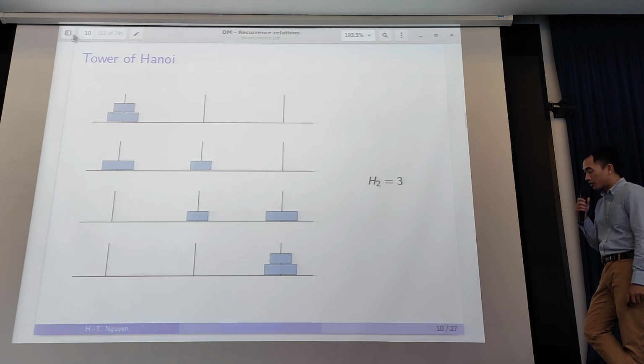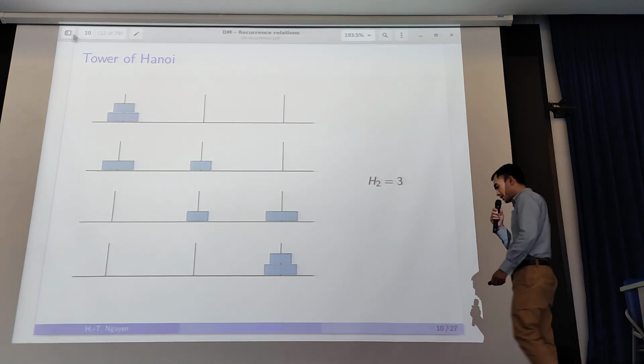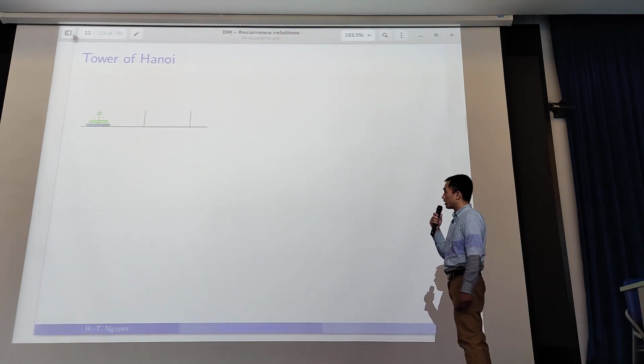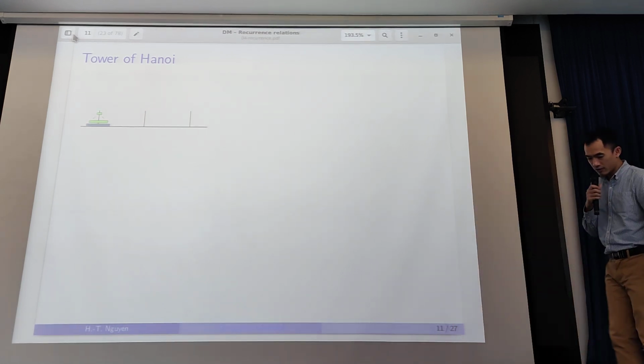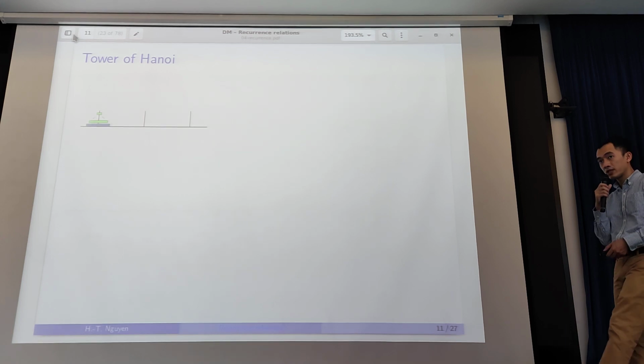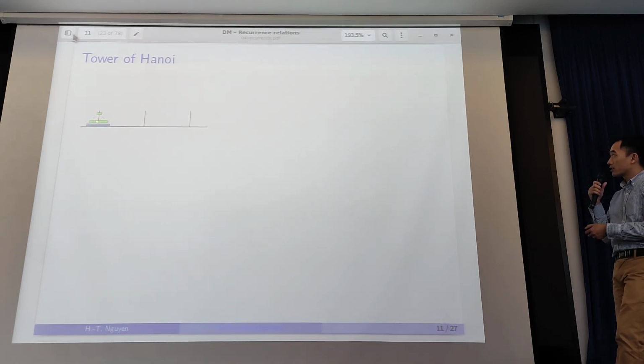So now you can try with 3 discs, but now I will illustrate how to do it in the general case. Okay. So you observe that, suppose that here is a pile of n discs.